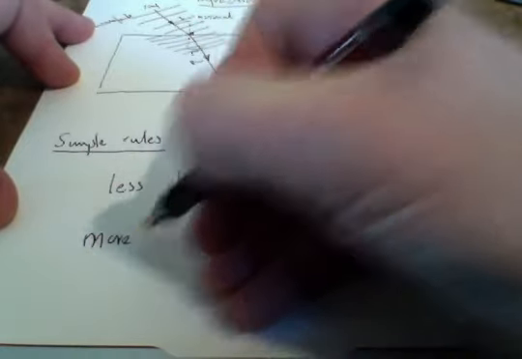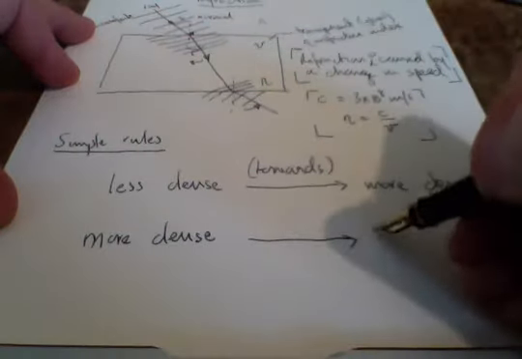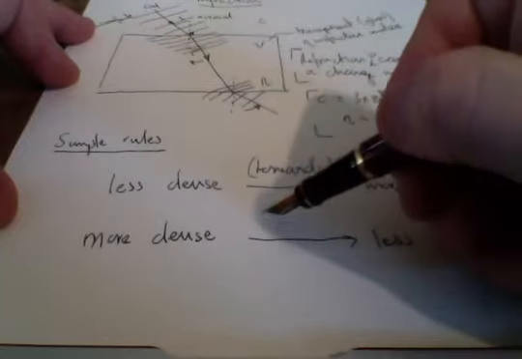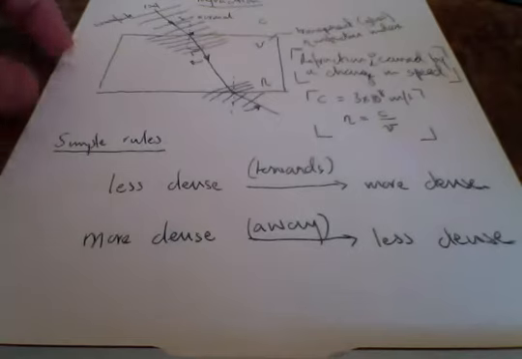So the opposite effect occurs. Let's go from more dense to less dense. It bends away from the normal.